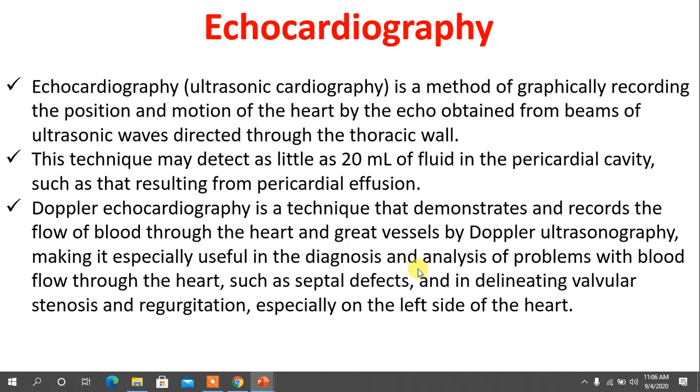So through echocardiography, we can detect septal defects. We can detect valvular problems in the heart, stenotic or regurgitation, using Doppler ultrasonography, color ultrasonography.